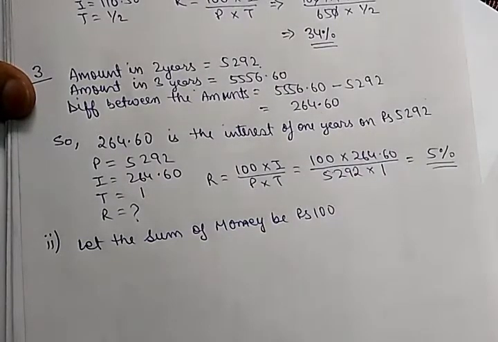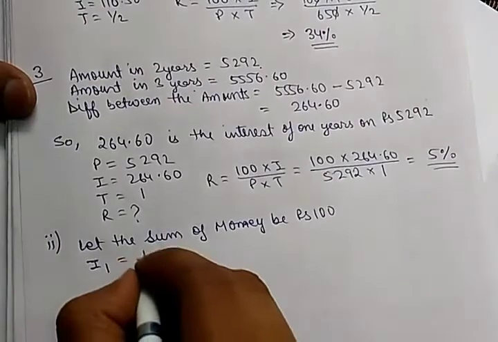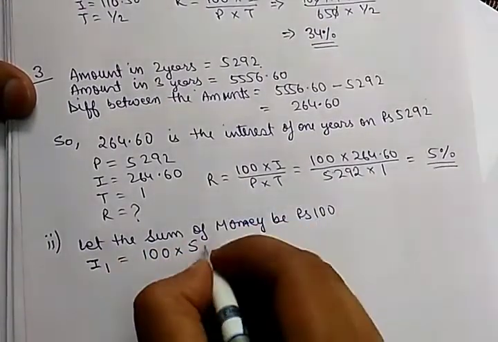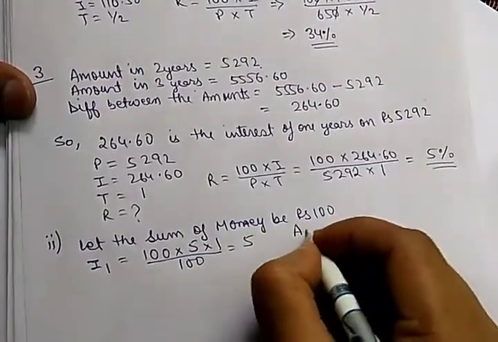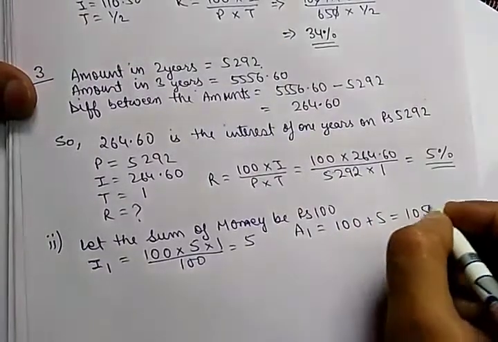Interest on it for the first year is equal to 100 into 5% for 1 year by 100, that is rupees 5. So amount in the first year will be equal to 100 plus 5, that is 105.